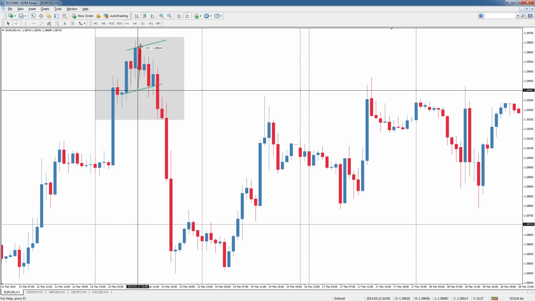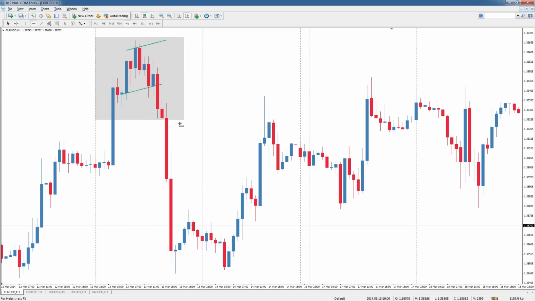It's 22 pips. So 22 pips lower is where we're going to put our take profit. There we go. It's a rough approximation, of course, but it would be something like this.